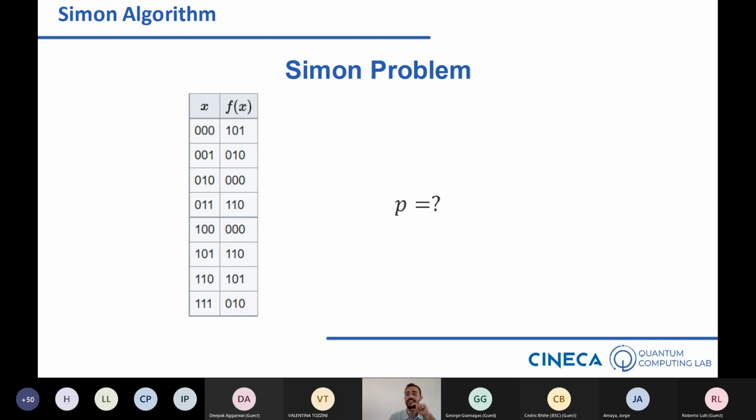Can you write it in the chat for this example? Remember, look at inputs that have the same output and try to guess which is the p.